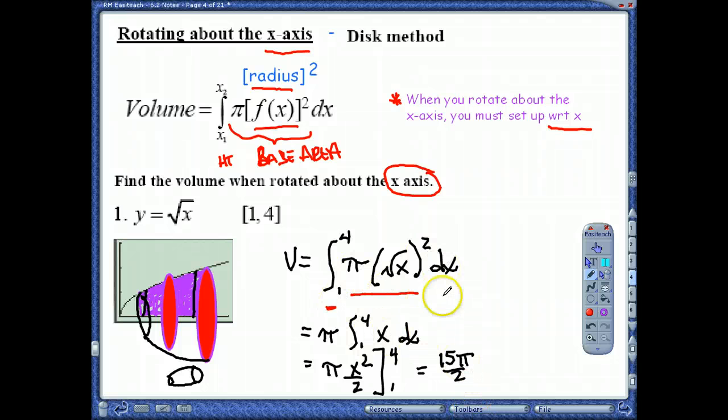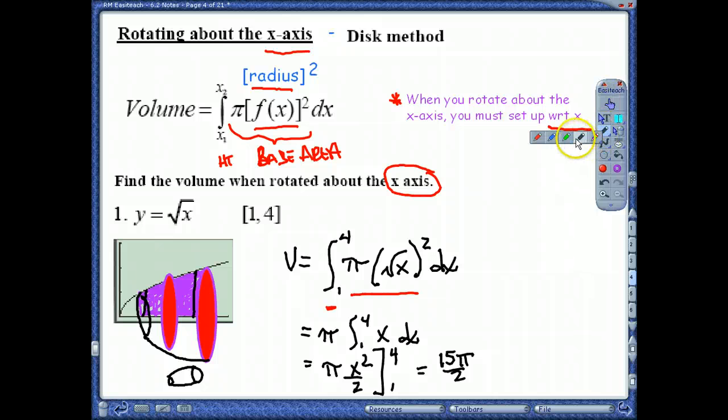Now, if you get to use your calculator on this, I want you to get in the habit of pulling that pi out. Remember, it's a coefficient, so you can do that. You can either simplify or leave it as the square root of x squared. Your calculator doesn't care.